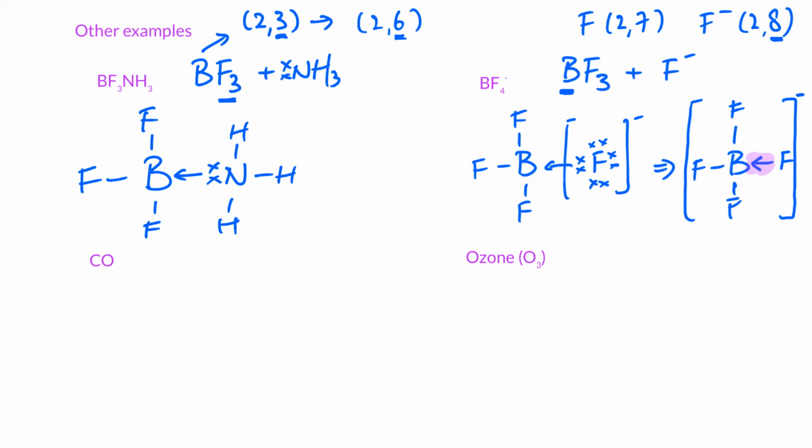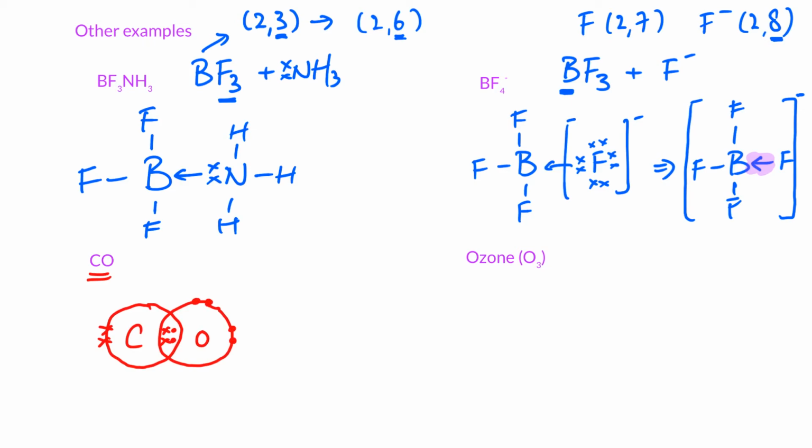So 2 more examples. One will be carbon monoxide. Carbon monoxide is a complicated example, so you can have a look right here. So you got C and you got O. The C will have 4 electrons in the outermost shell, so they can form 2 right there, like this.